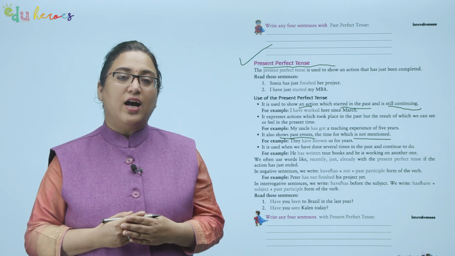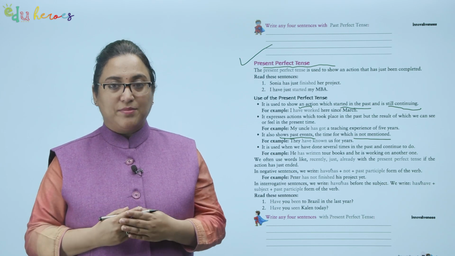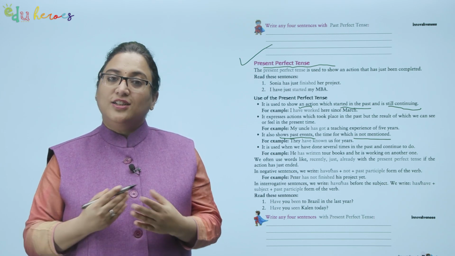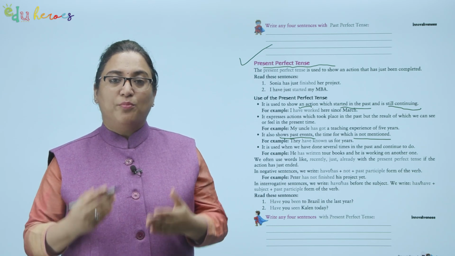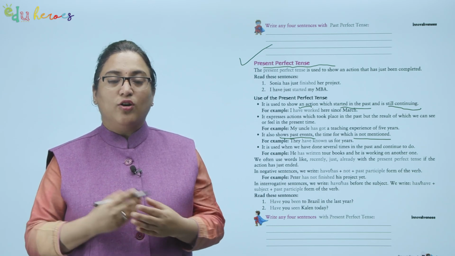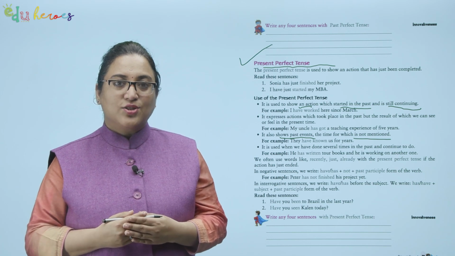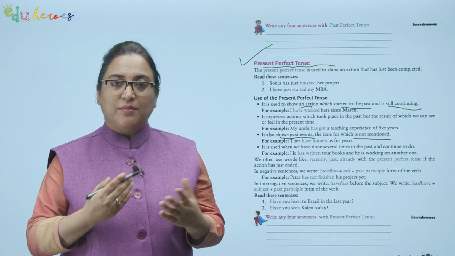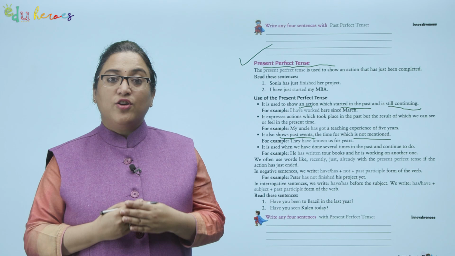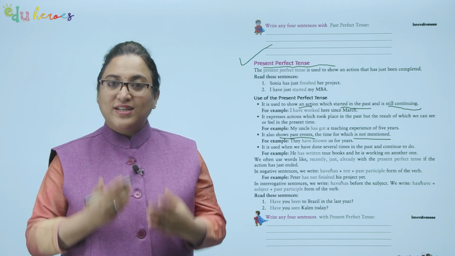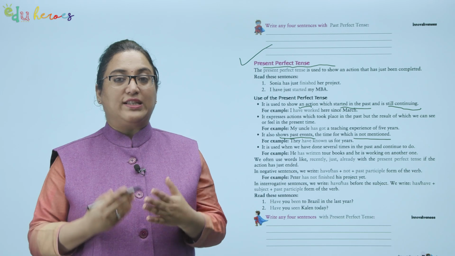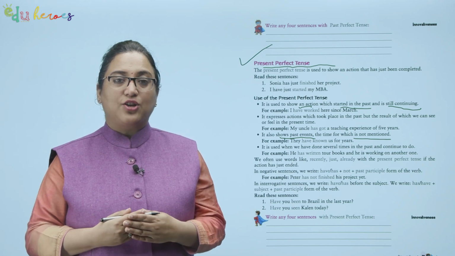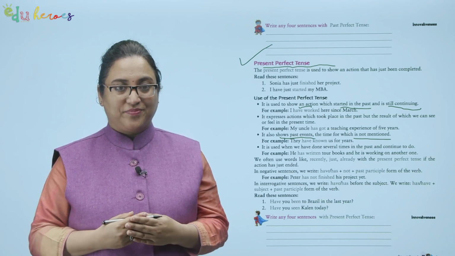It is used when we have done something several times in the past and continue to do. For example, he has written 2 books and he is working on another one. So this he has done several times in the past. We often use words like recently, just, already with the present perfect tense if the action has just ended.